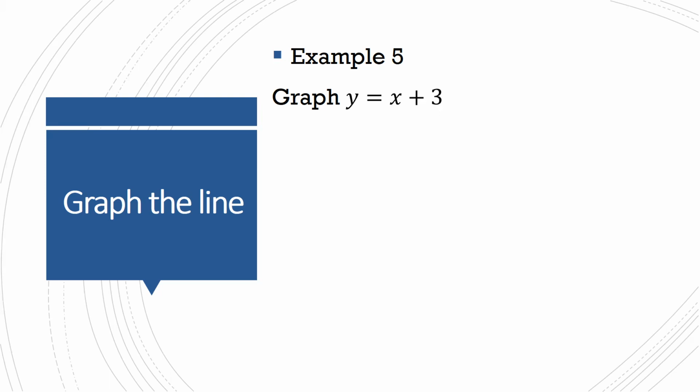The only unique thing about this is that if you look at the coefficient of x, there is no coefficient, but we should know that having no coefficient means it's an implied 1. So technically the coefficient of x is 1.